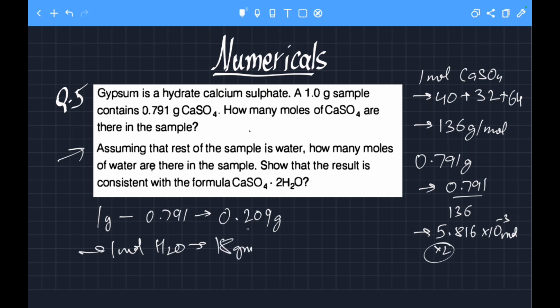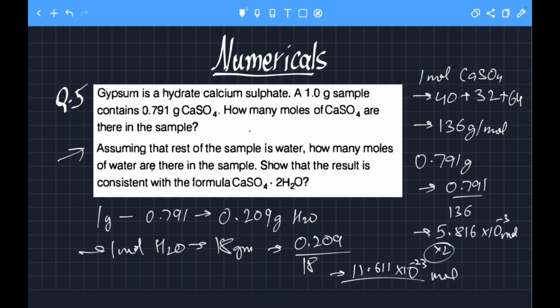Now if we calculate the number of moles in 0.209 grams of H2O, this will turn out to be 11.611 into 10 raised to minus 3 moles.